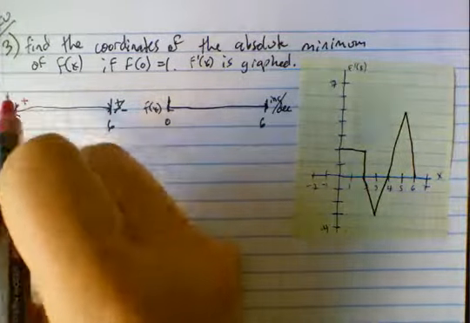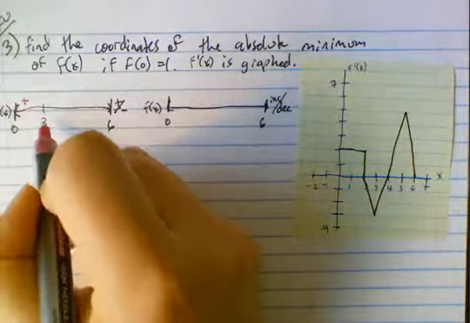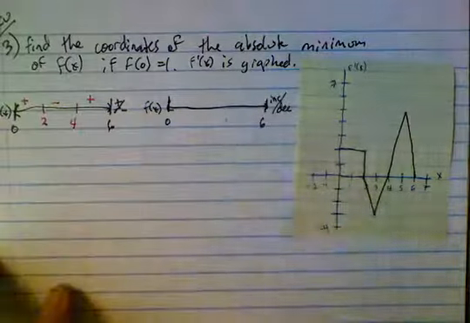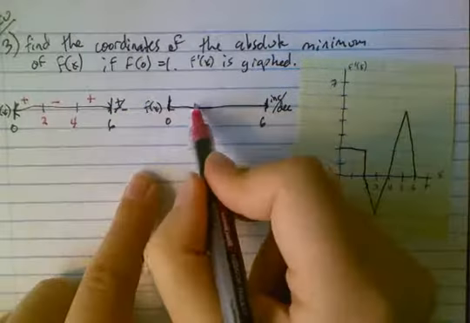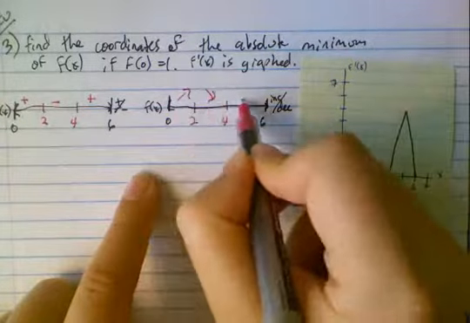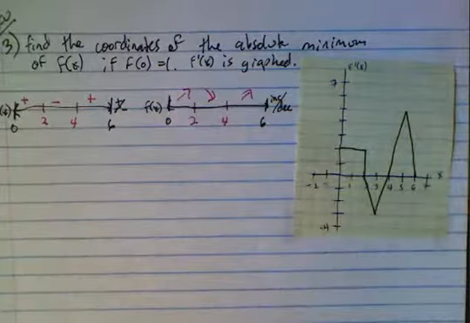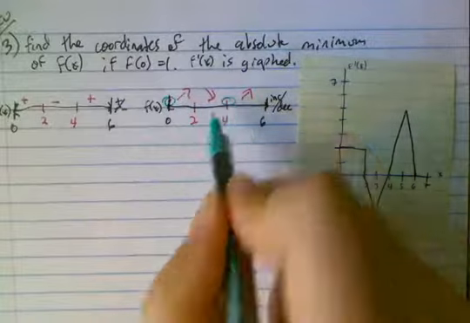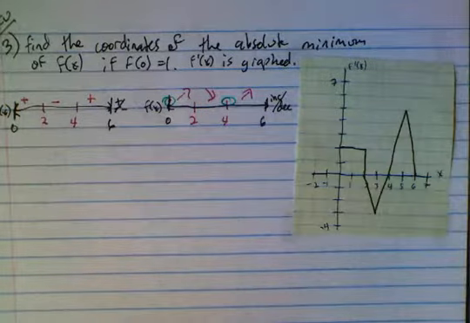So it's positive until x equals 2, then it's negative until x equals 4, and then positive again. So translating to increasing, decreasing. It's right like that. Absolute minimum, so we're interested in this point right here and this point right here. Those are potential absolute minima.